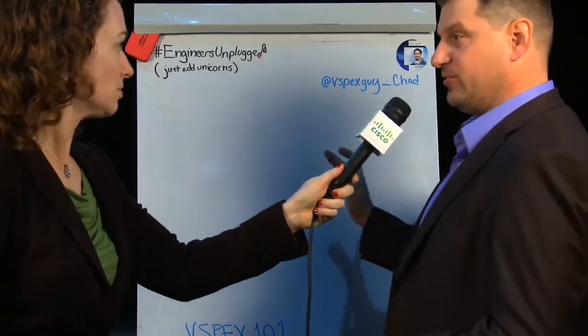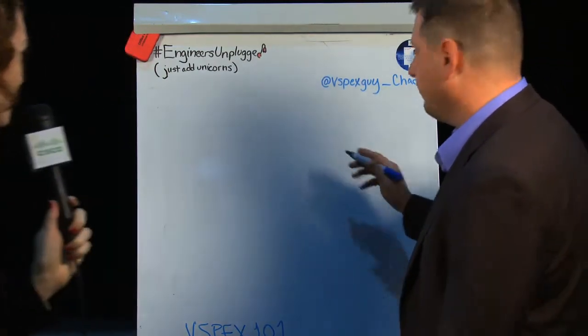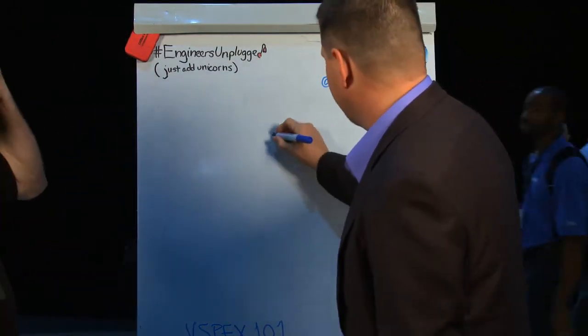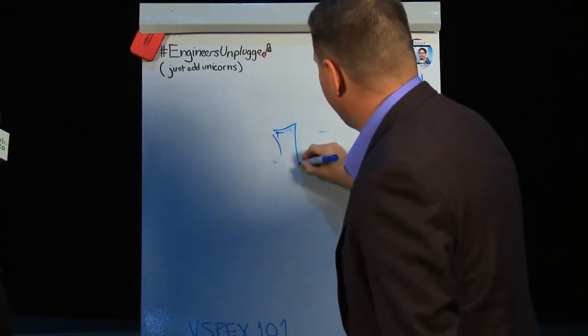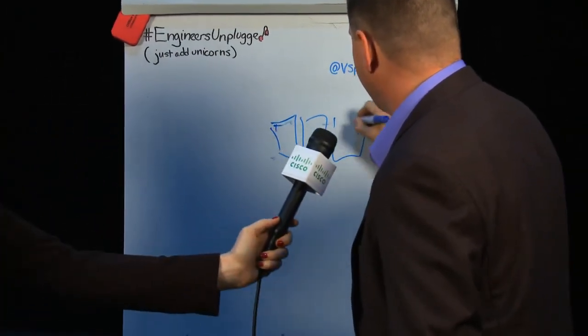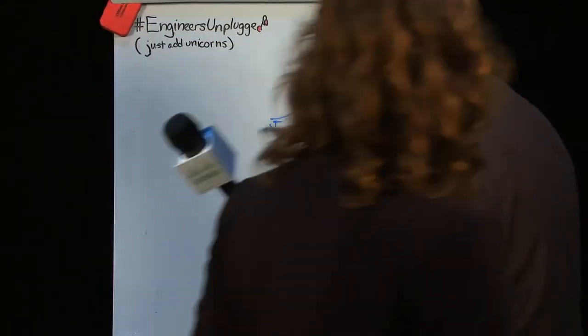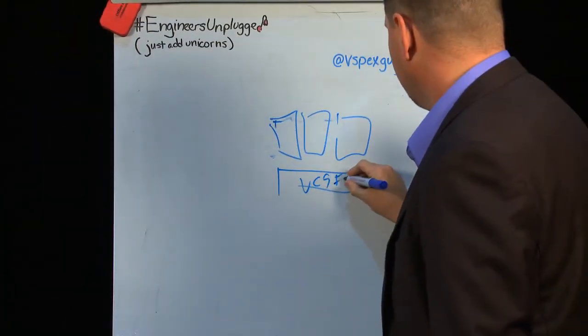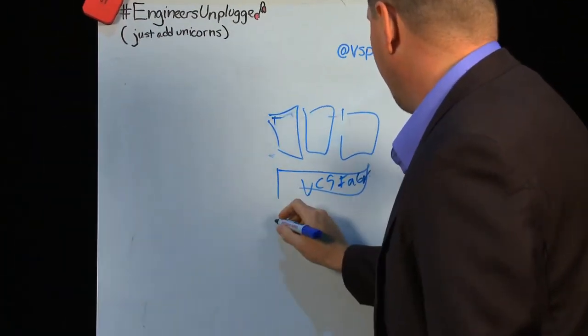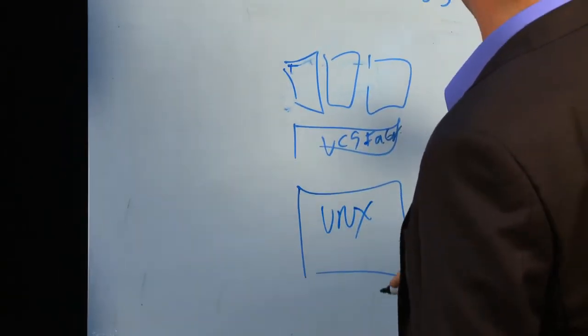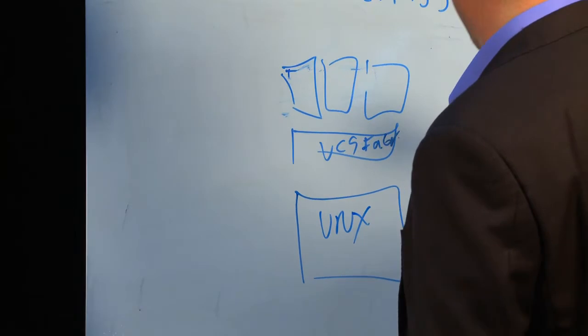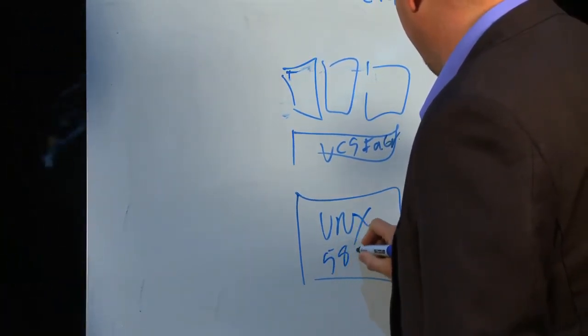Right, 1,000 users for VDI. I'll let Chris commentate. Yeah, it's a good baseline though. Very, very common deployment. So we want UCS blade, and then we would have VNX. And for this solution, that's probably going to be a VNX 5800.